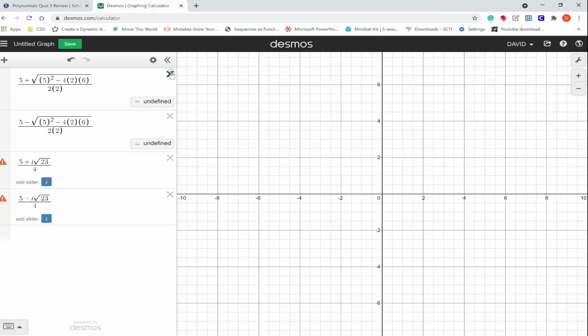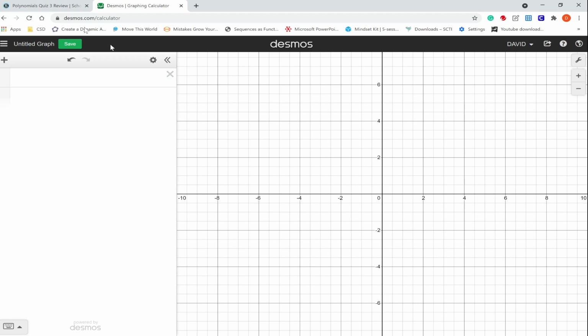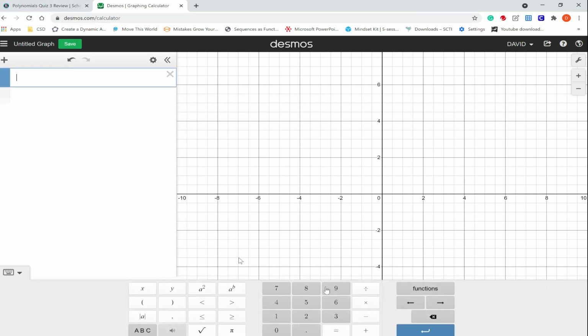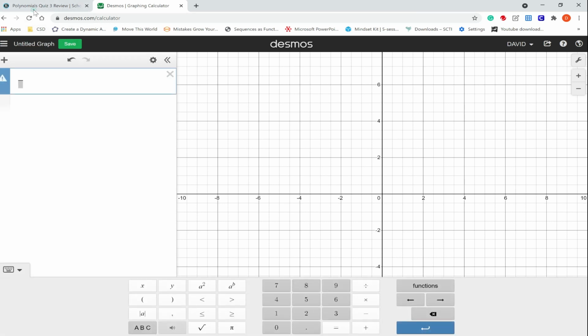So let's clear out the stuff from the last time. Make a big fraction bar.